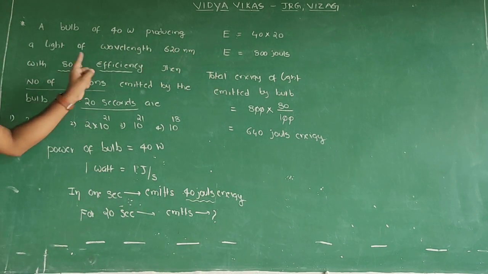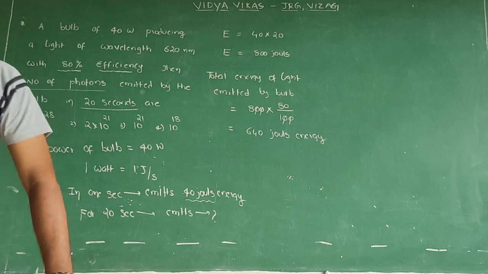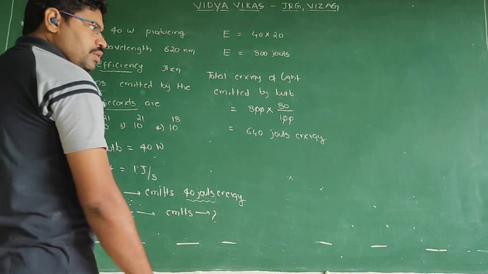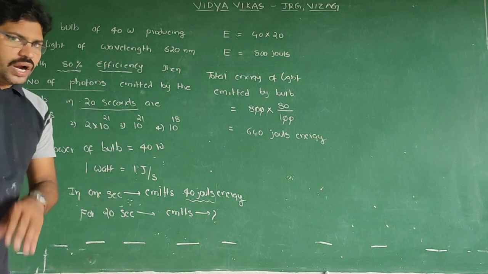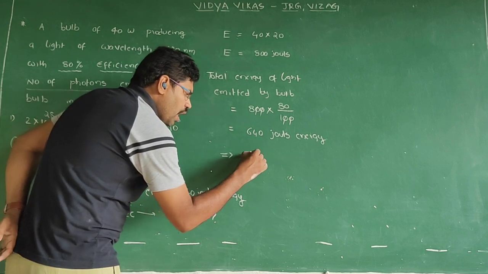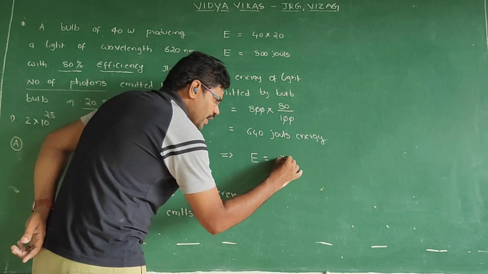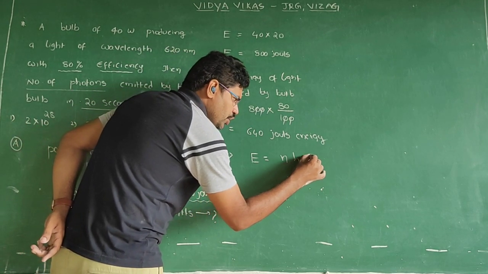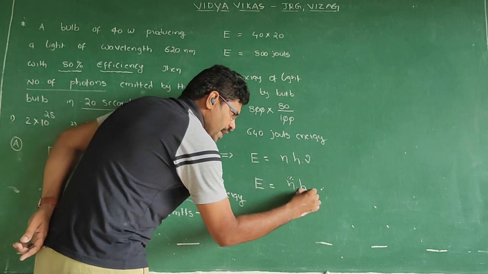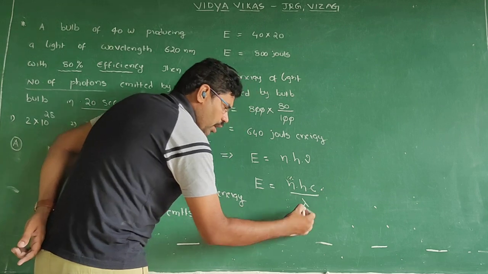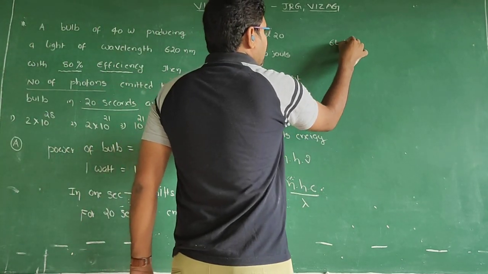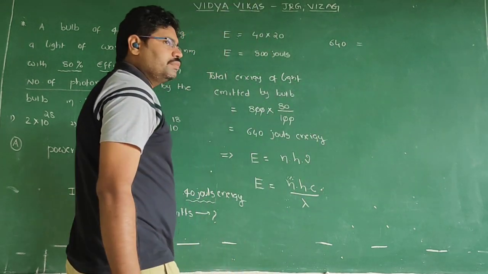That's what we call 80% efficiency. The remaining 20% is waste. Students, did you get it? Then we are ready to write our formula: E is equal to n h nu, which means E is equal to n h c by lambda. And what is the energy now? 640 joules.